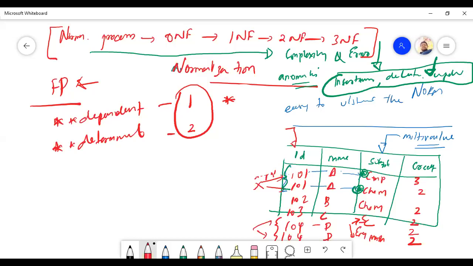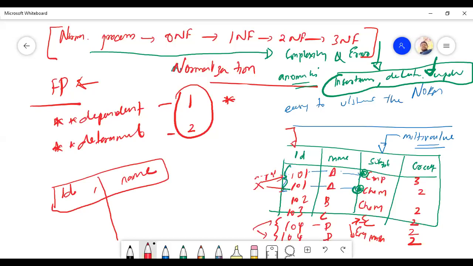Okay. Now, for example, you take ID and name. Try to understand this case. I'm going to write some examples here.